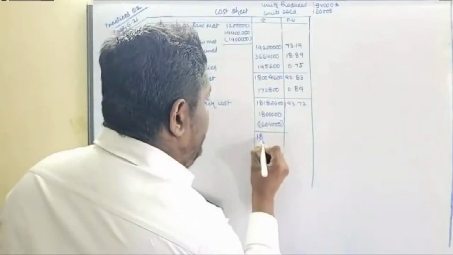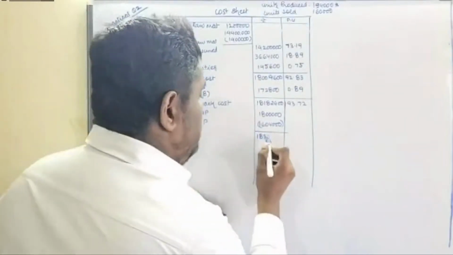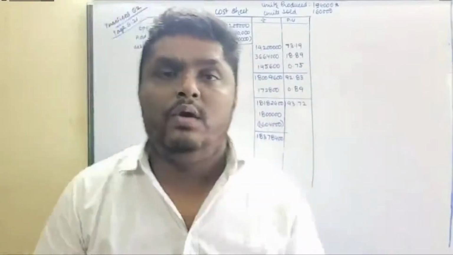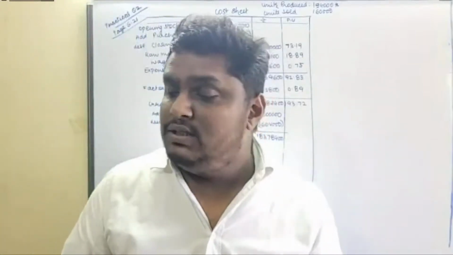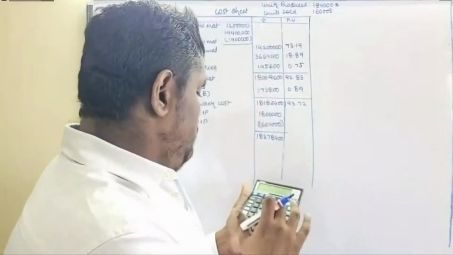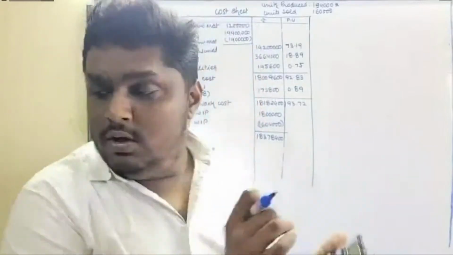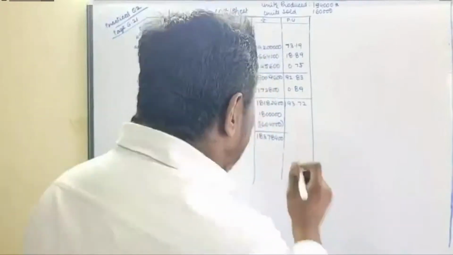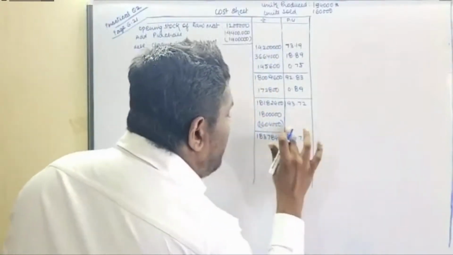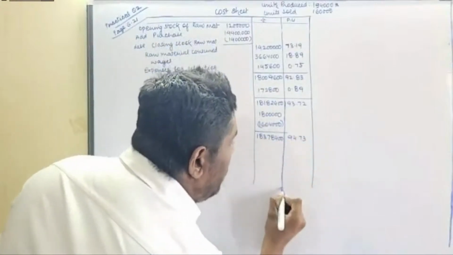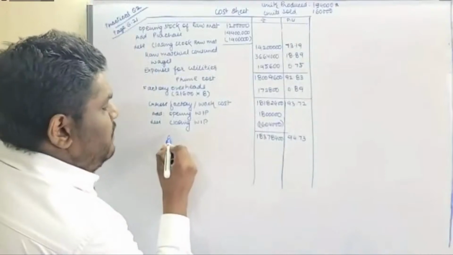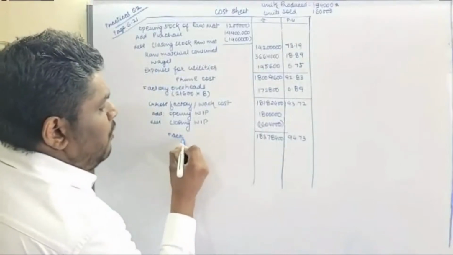So 1 crore 83 lakh 78,400 divided by 1,94,000. So this will be 94.73. This will be my factory cost or work cost.